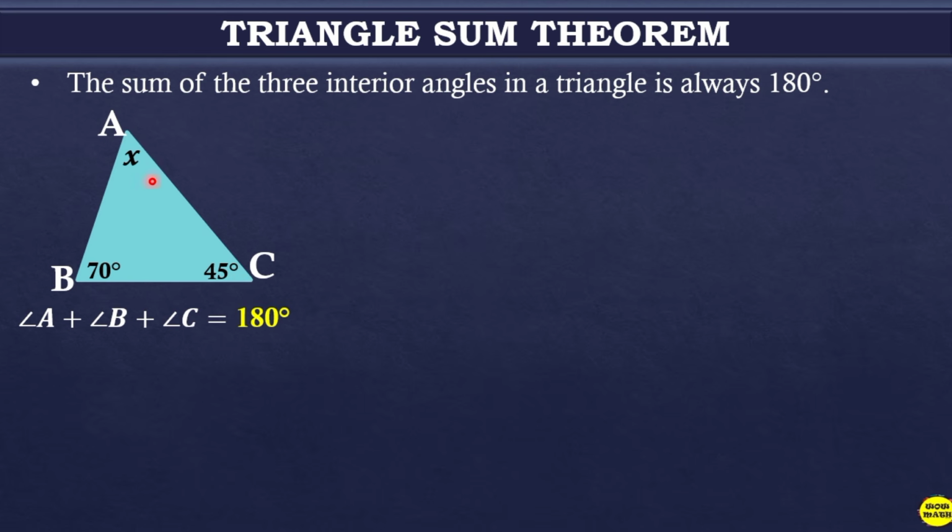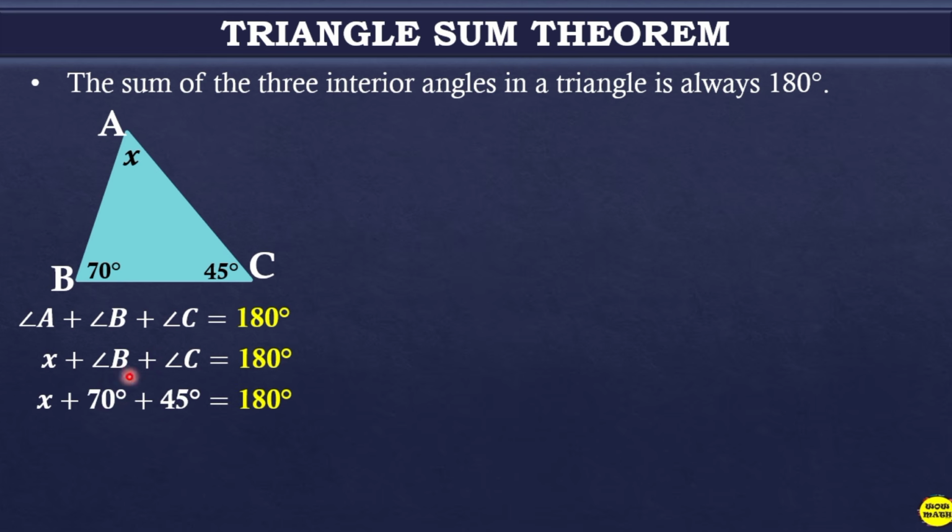And then, pinapahanap sa inyo yung isang angle. So, paano natin ito kukunin? Okay. So, ang gagawin po natin, ito yung angle A mo, which is the unknown. Siya yung hahanapin. Your angle B and then your angle C, dapat pag inadd natin siya, 180.